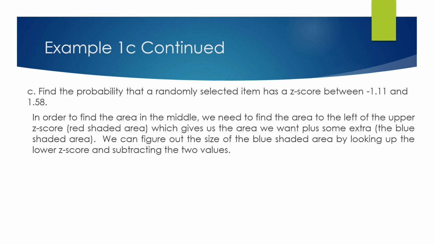In order to find the area in the middle, we need to look at two different cases here. When we look up this upper z-score of 1.58, we get the part that we want as well as this other region that we do not want the area of. So we have to look up this z-score and find the entire area to the left, and then find the area which we don't want, which is the area to the left of the lower z-score.